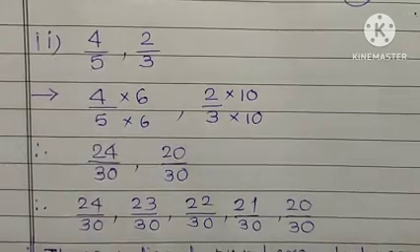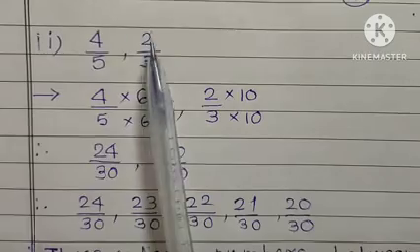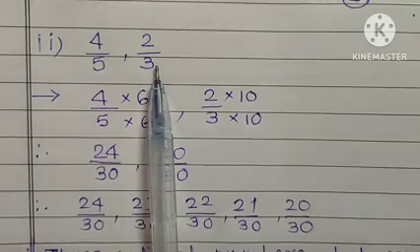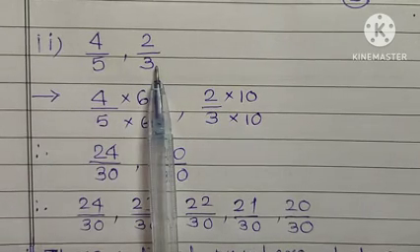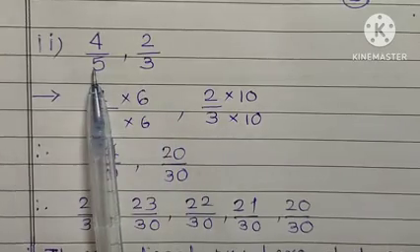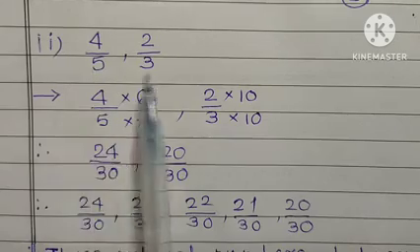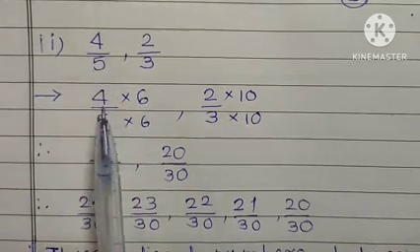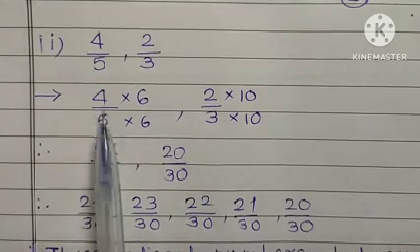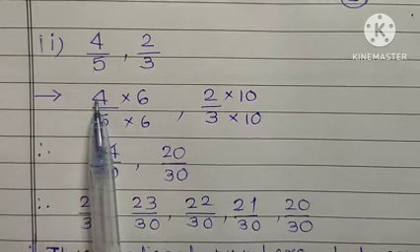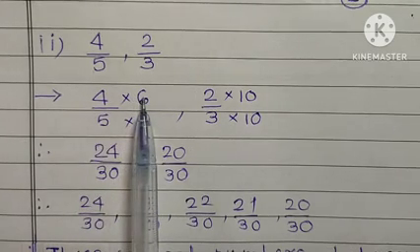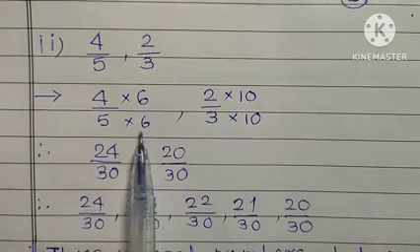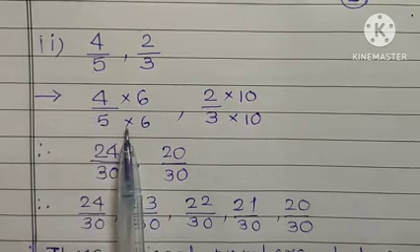Example 2. 4 by 5 and 2 by 3. Here denominators are not similar. That means we should make them similar. Okay. Now, the first rational number is 4 by 5. If you multiply by 6 to numerator and denominator, this denominator will become 30.